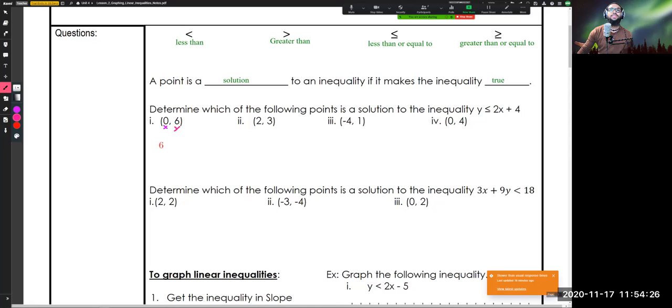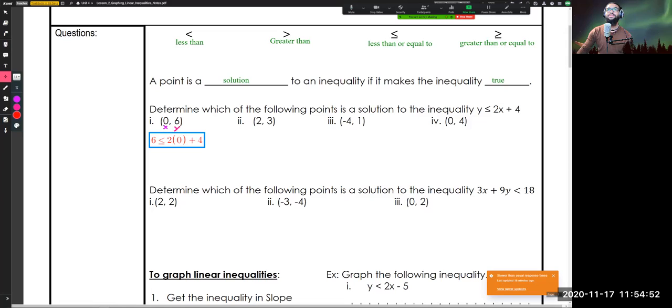There we go. And when we make this new equation, we end up with 6 is less than or equal to 2 times, and then what is my x? My x is 0, plus 4. So I've just retyped the original equation with my values plugged in.